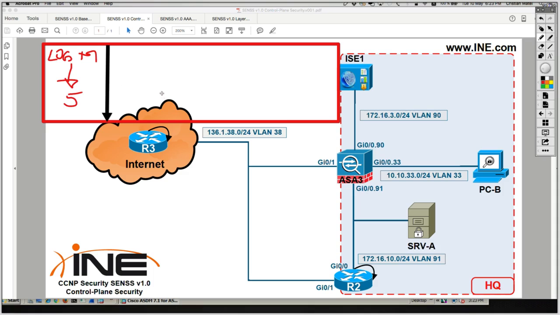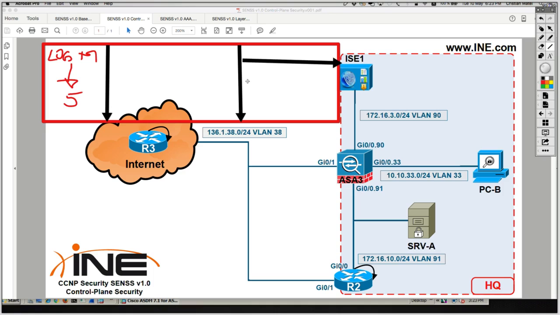Now, what the network device is going to do is look: do I have logging enabled? Assuming I have it enabled, it's going to take a look at which destinations I have logging enabled.